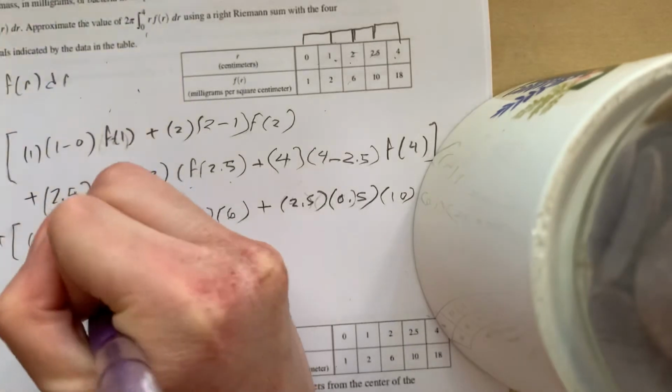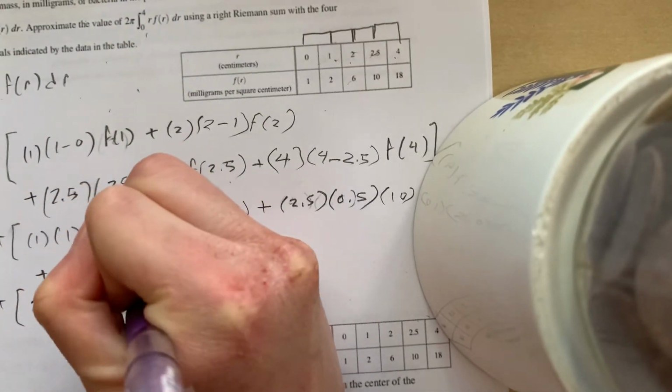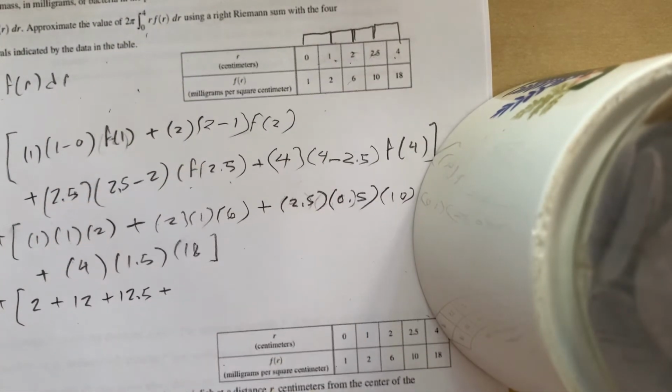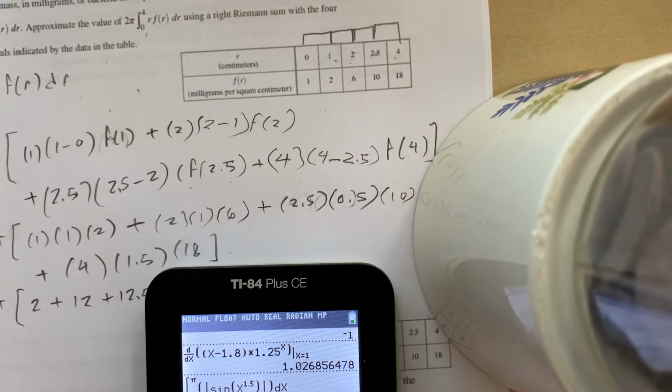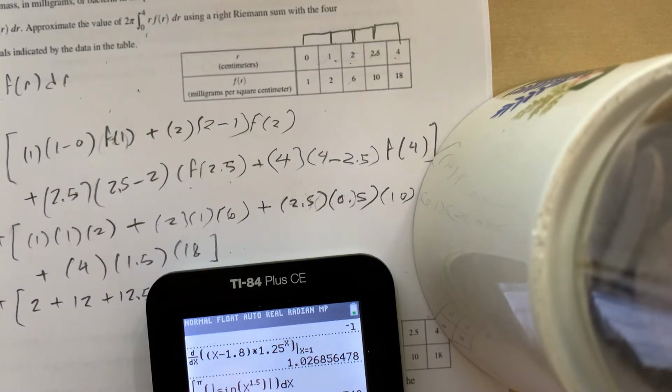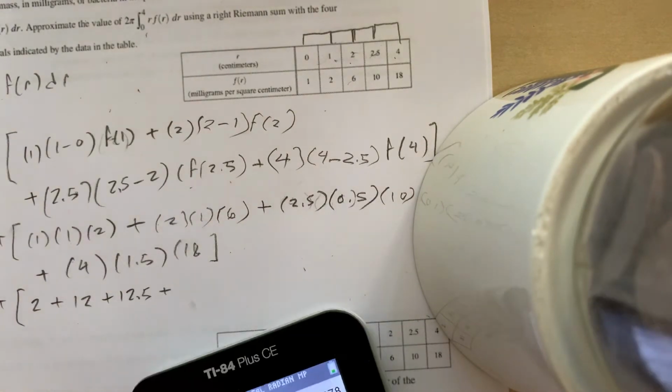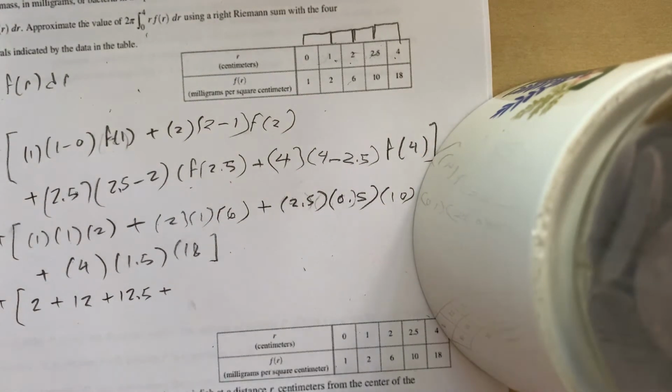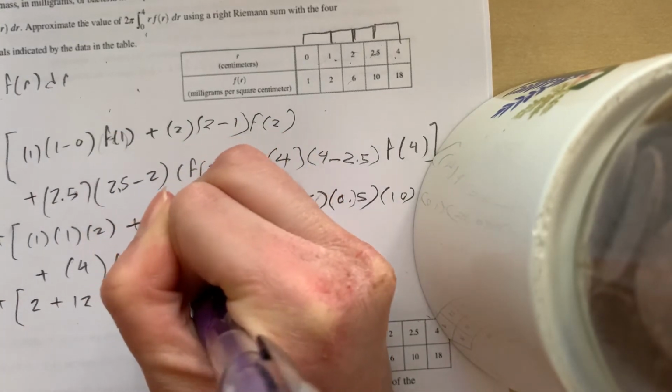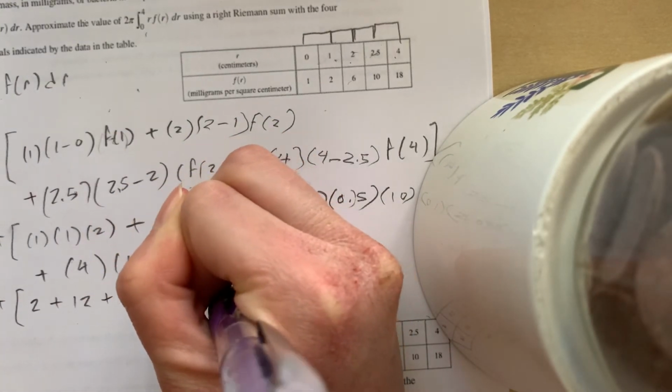All right, plus 12.5, and then for the last subinterval, 4 times 1.5 times 18. Pretty sure. Yes, so it's 108.